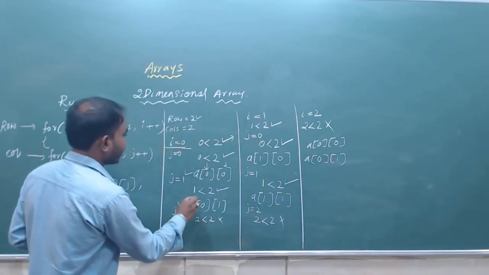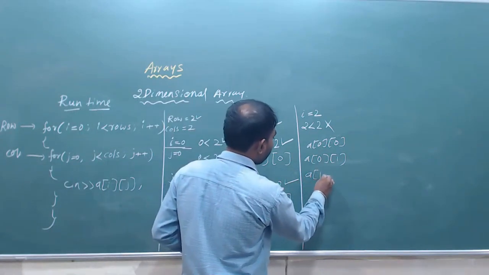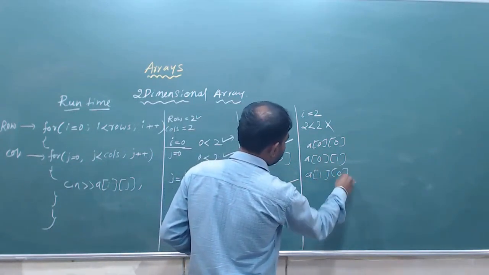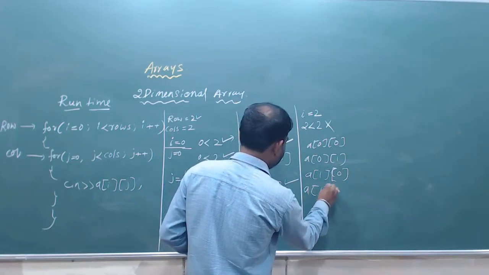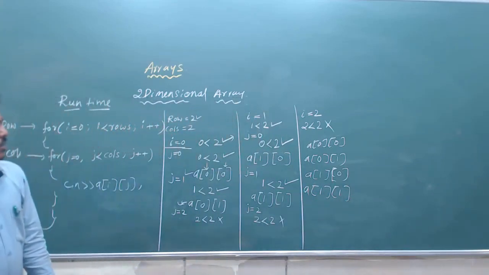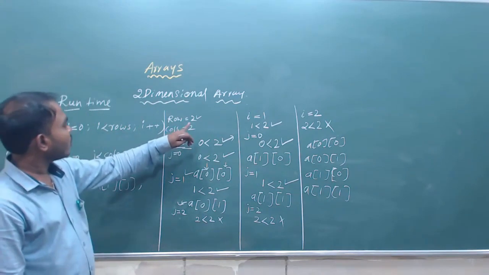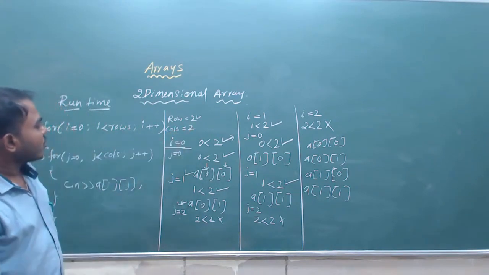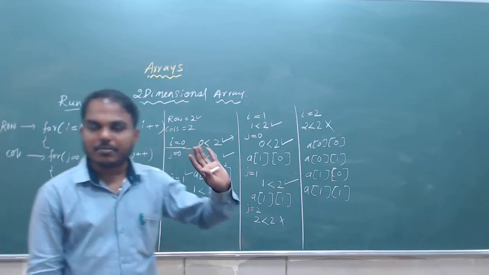And the third one is a of 1, 0, and the fourth one is a of 1, 1. So these are the elements of the array we got when we took rows 2 and columns 2. So this is how it works at run time.